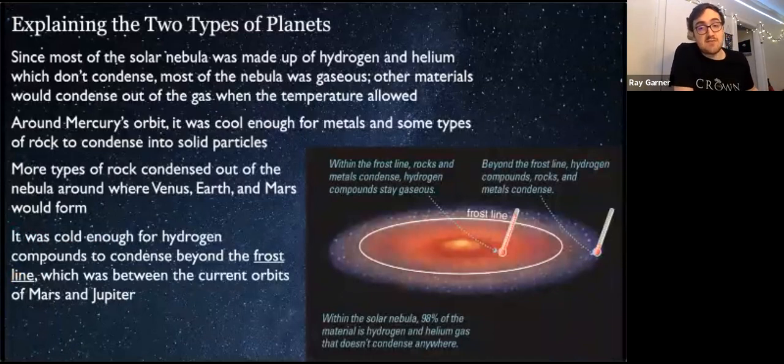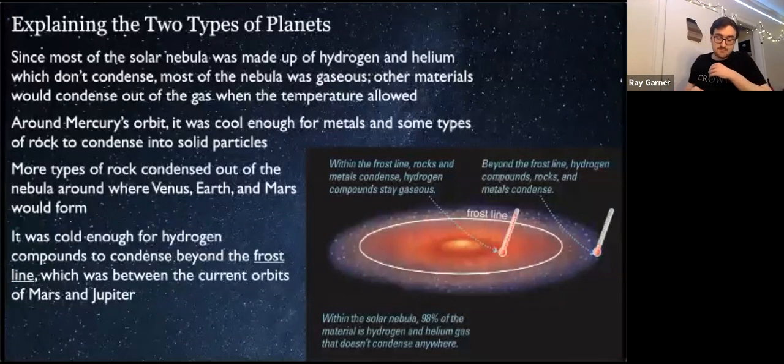All solar systems have a frost line, basically where water will be either a gas or a solid. So the Jovian planets, the gas giants, are all beyond the frost line. So they'll have ice to aid in their formation. Meanwhile, inside, we just have to rely on the metals and the rocks.